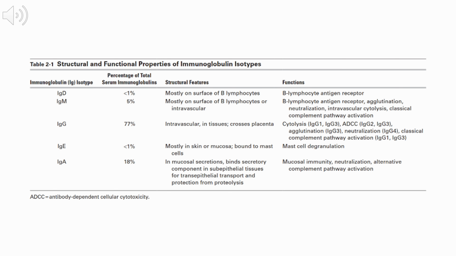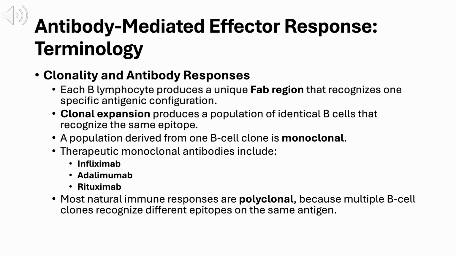IgE is present at very low serum levels, but is bound to mast cells and drives mast cell degranulation in allergic responses. IgD is also present at low levels and functions mainly as an antigen receptor on B lymphocytes. The key point is that antibody class determines where the immunoglobulin is found and which effector mechanisms it can activate.